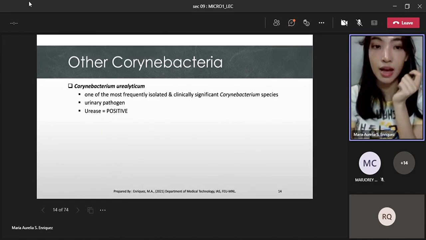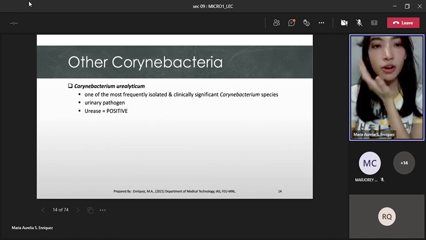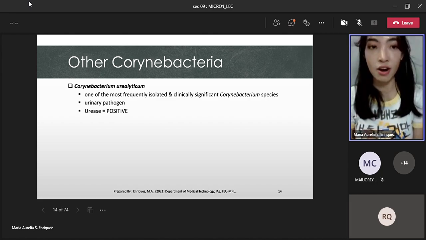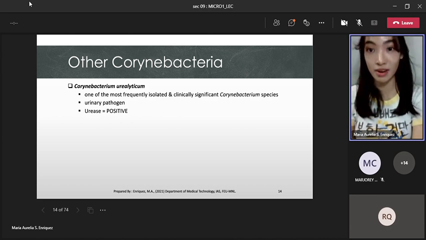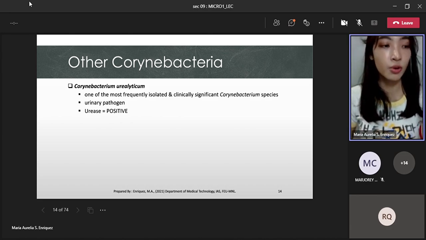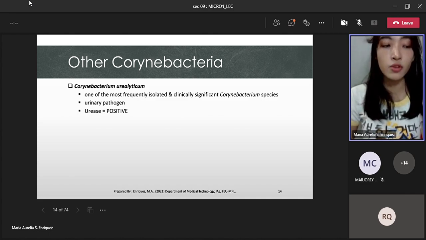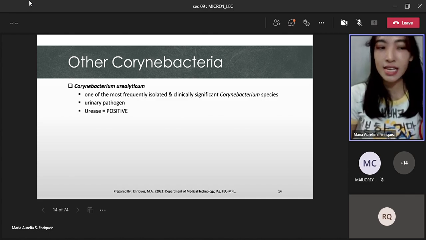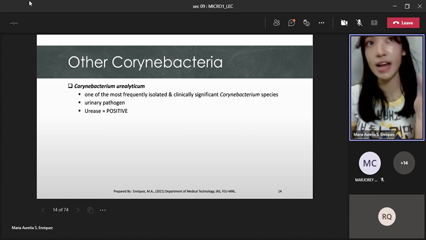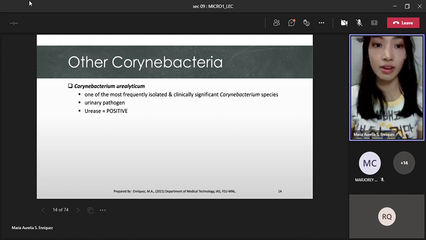Let's now talk about all the other Corynebacteria or yung mga Corynebacterium species po that are non-diphtheriae. Okay, so let's start with Corynebacterium urealyticum. So this is one of the most frequently isolated and clinically significant Corynebacterium species, right next to or second to C. diphtheriae.